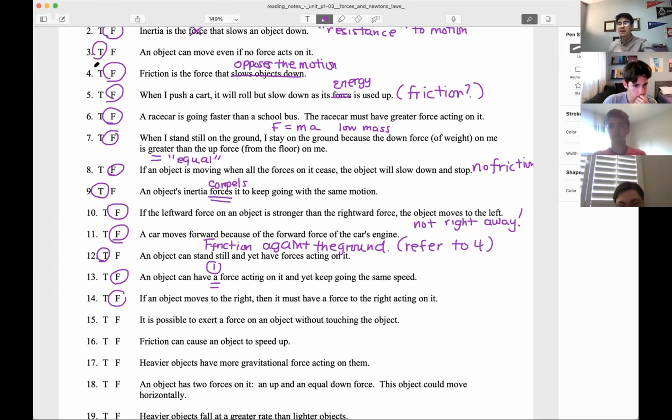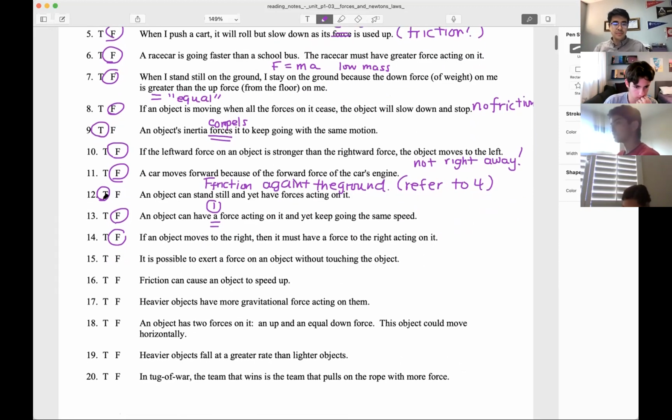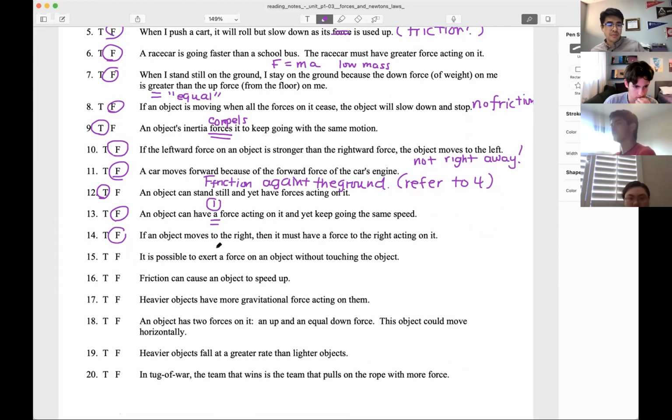So I pushed it 5 minutes ago and it keeps moving to the right, but there's no force acting on it anymore. How would I type that? Old force. Force to start movement, but no longer there.